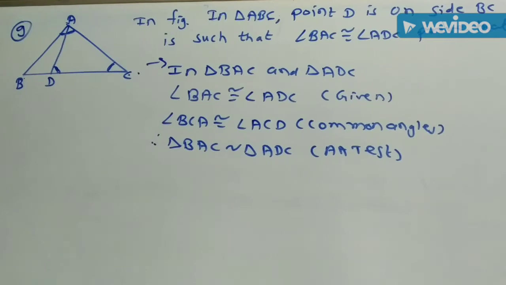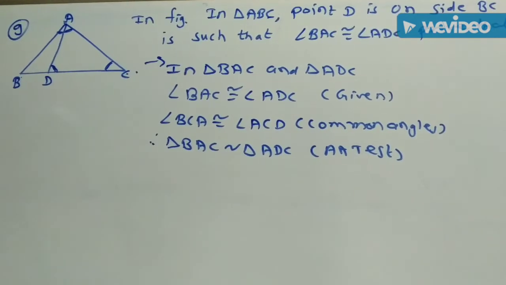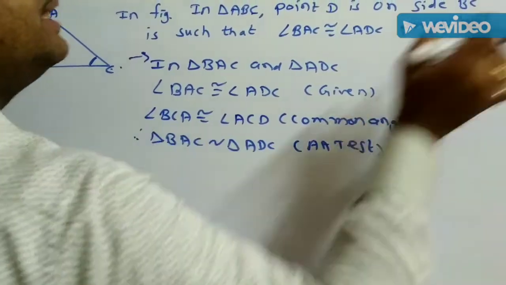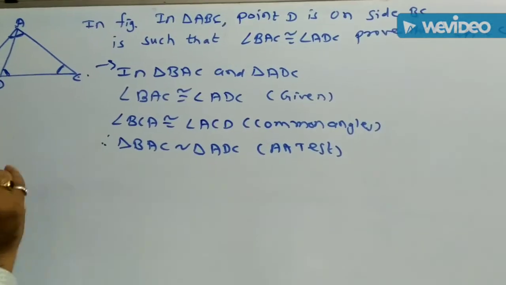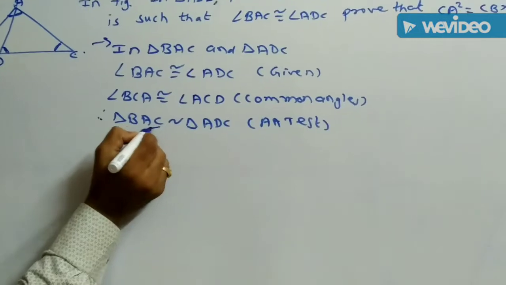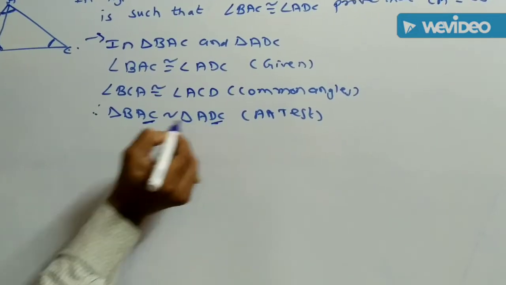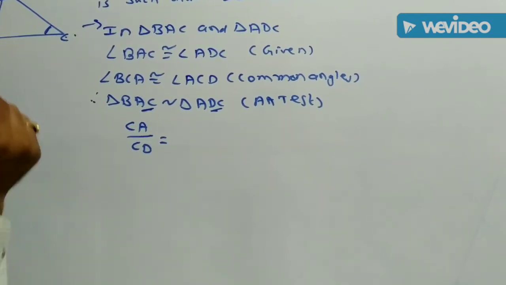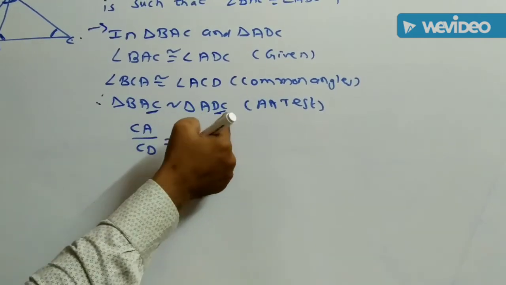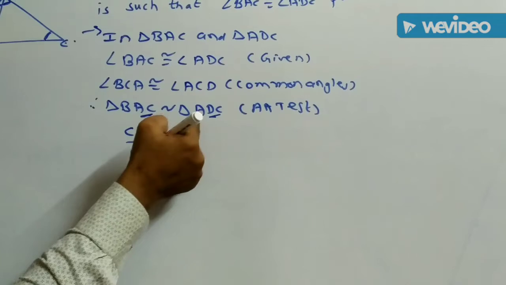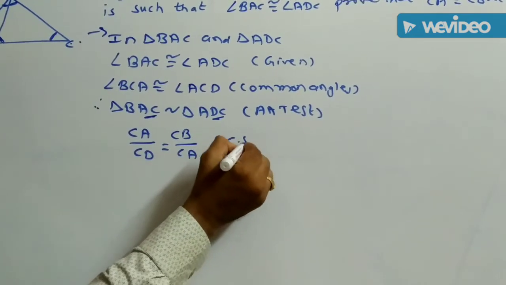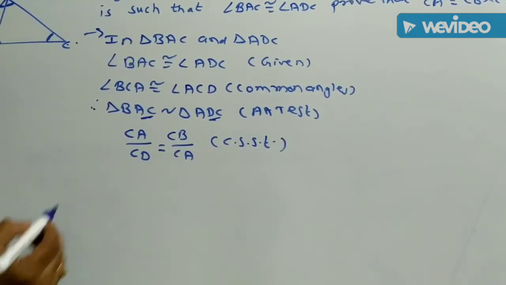Triangles are similar, therefore their corresponding sides are in proportion. What we have to prove? CA square is equal to CB into CD. Therefore we take CA upon CD equals CB upon CA, corresponding sides of similar triangles.